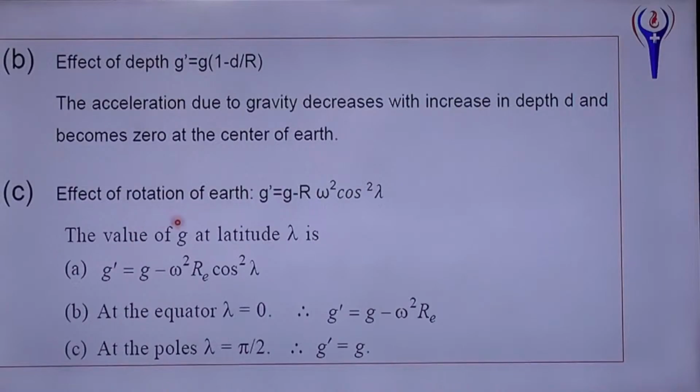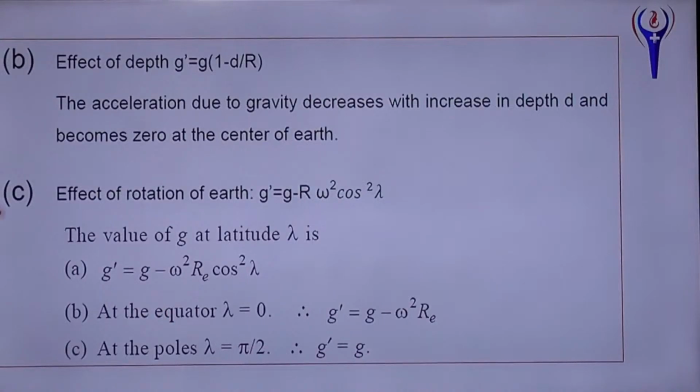Effect of rotation: g dash equal to g minus r omega square cos square lambda. Lambda is just like an angle, and at the equator lambda equal to 0, so g dash equal to g minus omega square R. At the pole, lambda equal to pi by 2, that is 90 degree, then g dash equal to g.